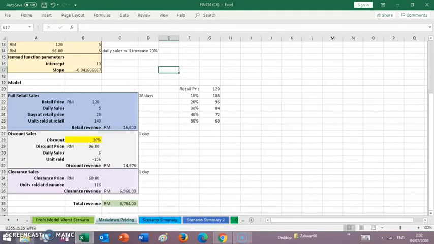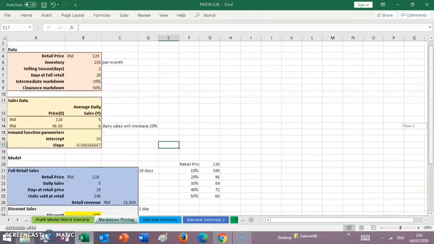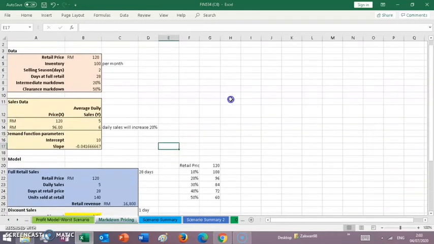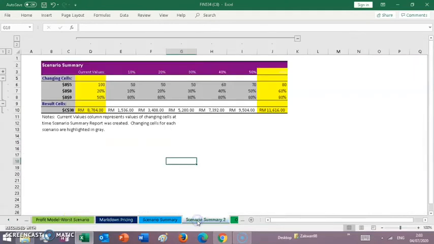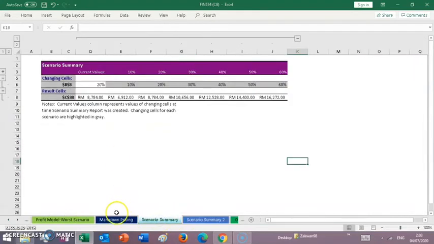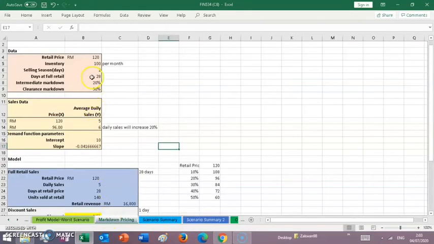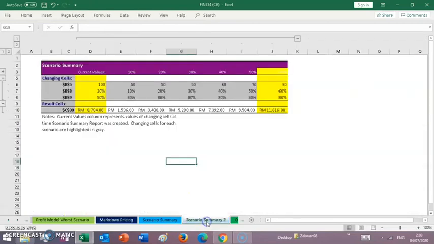Next, I make another scenario summary, which is I change the inventory, intermediate markdown and clearance markdown, which can be seen here. Before this I get the revenue 8000.